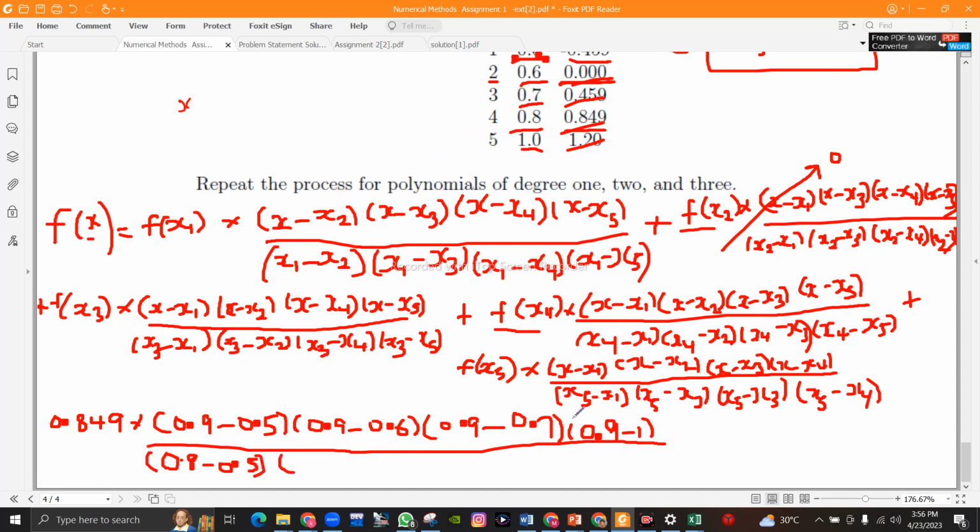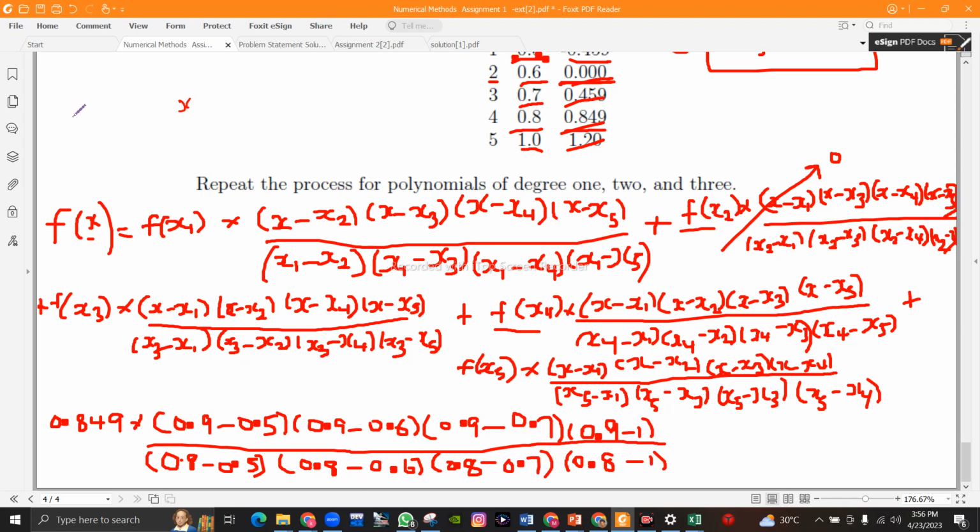Then x4 again minus x2, that's 0.8 minus x2, which is 0.6. Brackets. x4 again, which is 0.8, minus x3. What's x3? 0.7. x4 again minus x5. x4 is 0.8 and x5 is 1.